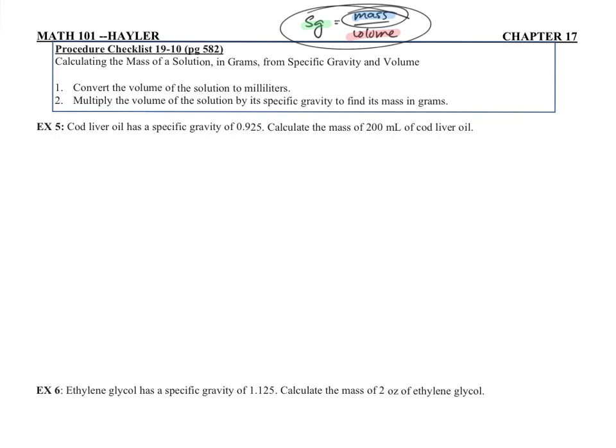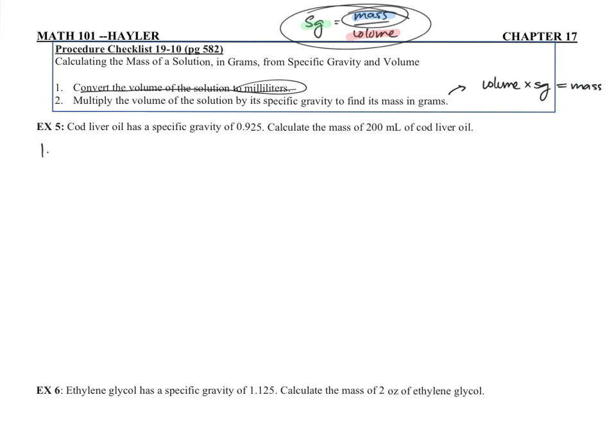So the first thing we're going to do, as usual, is convert the volume to milliliters. And second, we're going to multiply the volume of the solution by its specific gravity to find its mass in grams. So what this is saying is multiply the volume by specific gravity to find the mass. Okay.